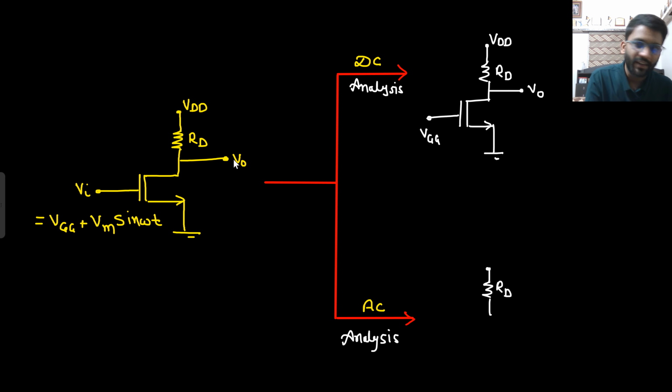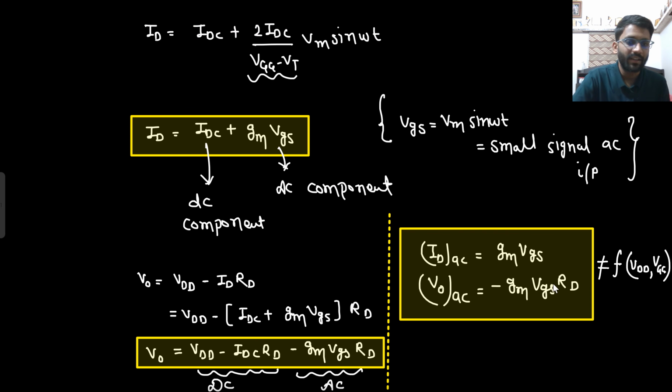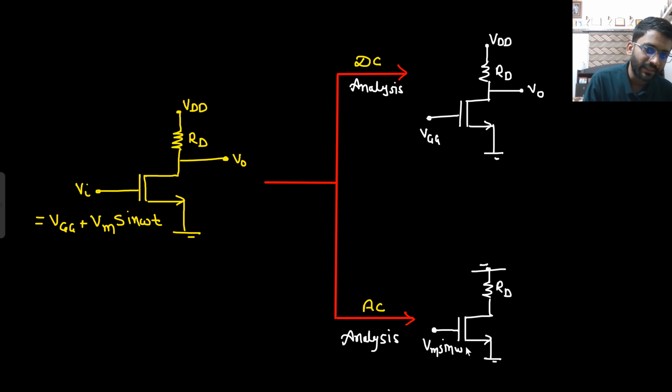And in AC analysis, what will I do? Will I keep VDD here? No. Why am I not keeping VDD here? Because in the output, I am not getting any VDD component. Then this is the MOS I have. Here I will write Vm sin omega t, only the AC signal, and this is my output.